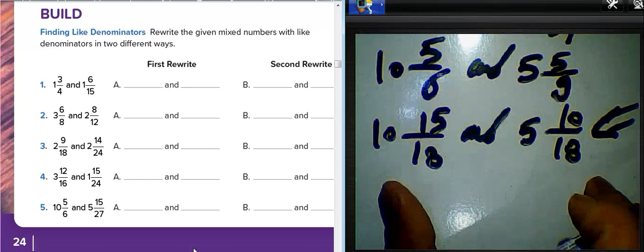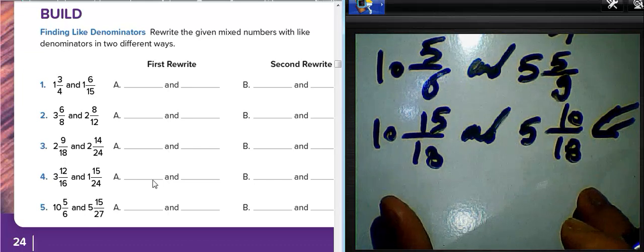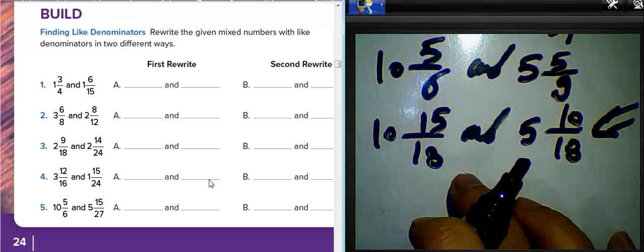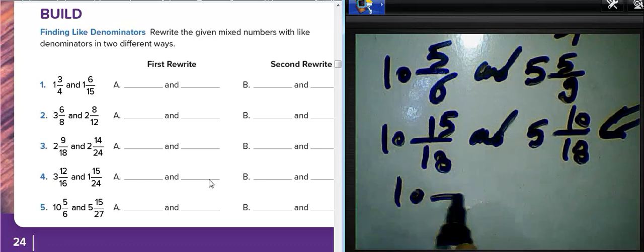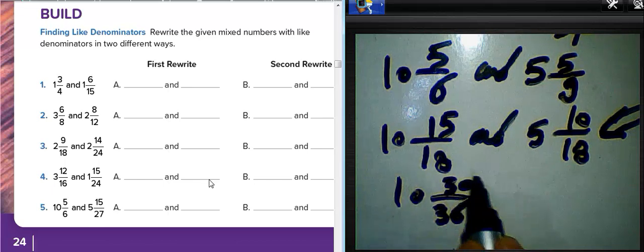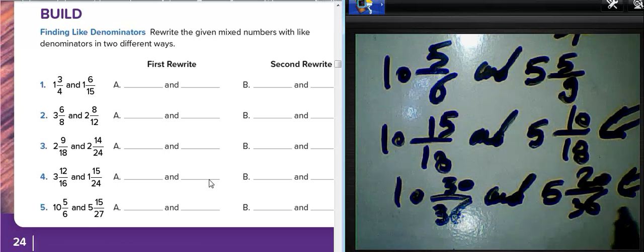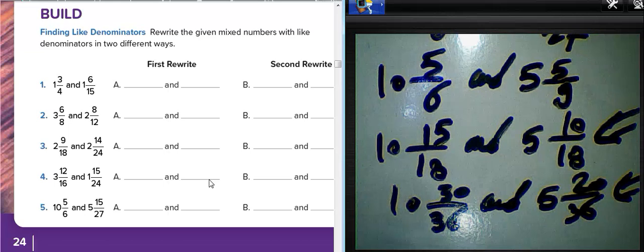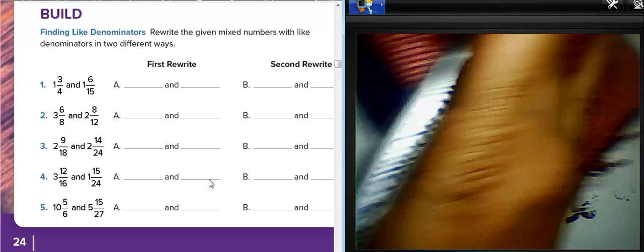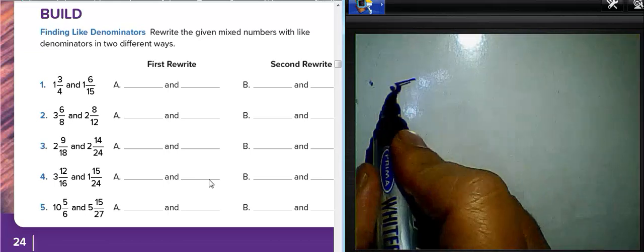Okay, we must write this result in the first space here. And what about the second result? The second is by multiplying the numerator and denominator. We can write in here 2 times 18 equals 36, and 2 times 15 equals 30. And we can write 5 here. 2 times 18 equals 36, and 2 times 10 equals 20. So it's the second result for question number 5. And what about question number 5?